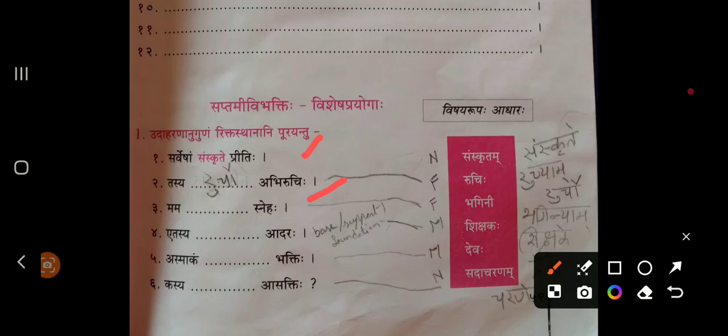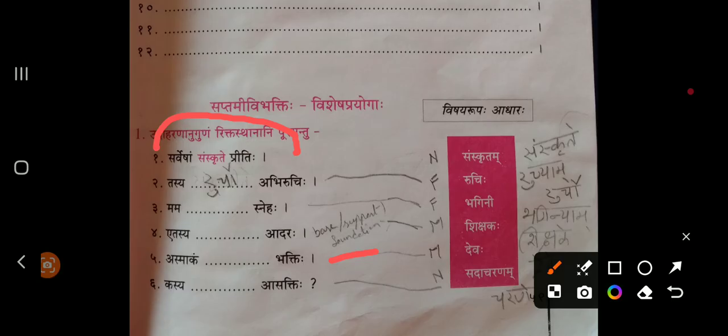Asmakam dash bhaktihi. See here. Asmakam dash bhaktihi. That means we like God. You like God, right? Here there is one thing you need to note down. See here, in the first statement we ignored God. Why? Because everyone might not like God, right? But you like God.